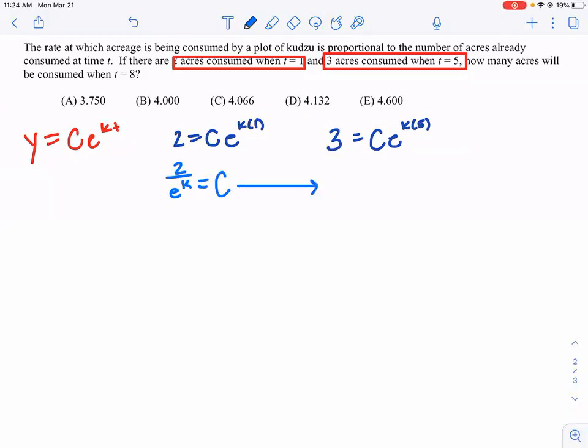And this C legitimately is the same as this C. So now 3 equals C. Well, our new C is 2 over e to the k times e to the 5k. What does this equal?